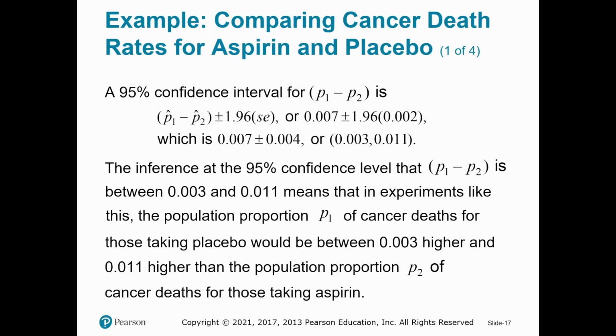This means that in experiments like this, the population proportion of cancer deaths given placebo would be between 0.003 more and 0.011 more than the population proportion of cancer deaths taking aspirin. The point is, both of those numbers are more than zero.